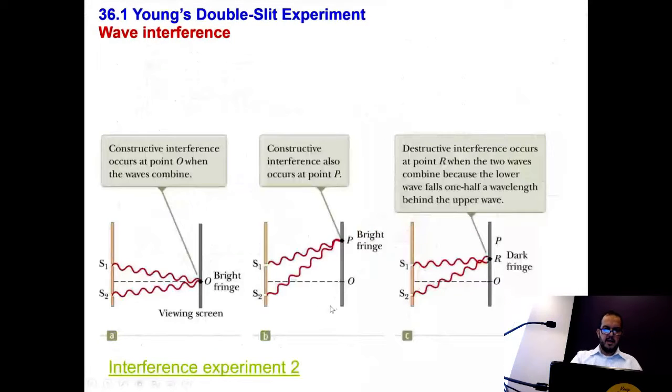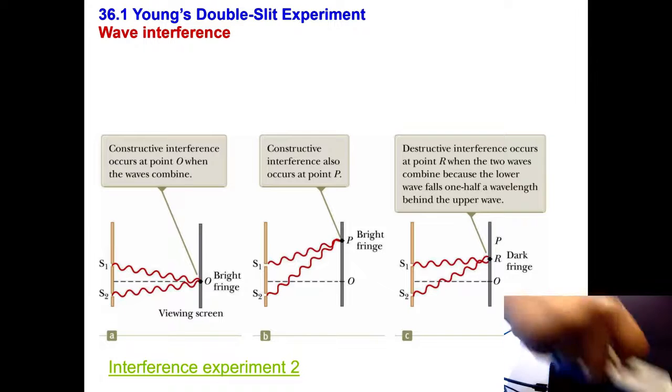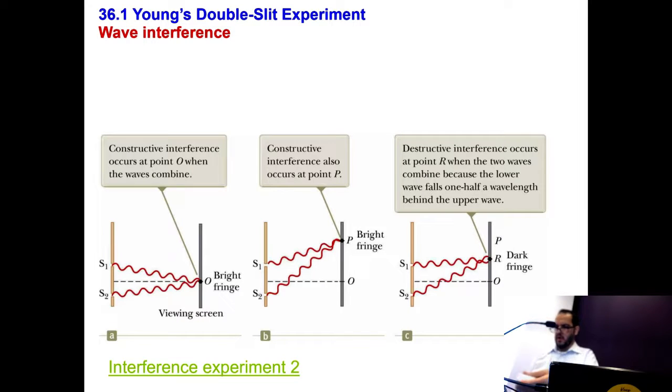Okay, so what is happening at this location? We know that these waves are sine waves.